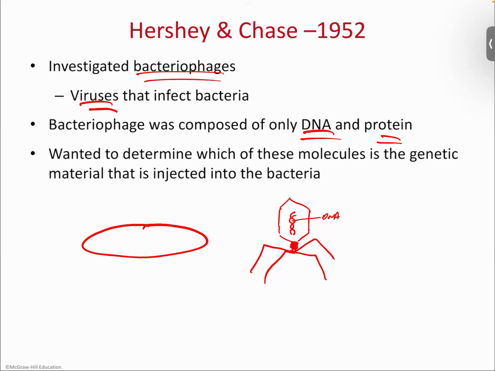When bacteriophage come and infect the bacteria, they land on this guy, and then they dock on him. Then they inject their DNA into the bacteria. What happens at that point is the DNA hijacks the bacteria's systems.